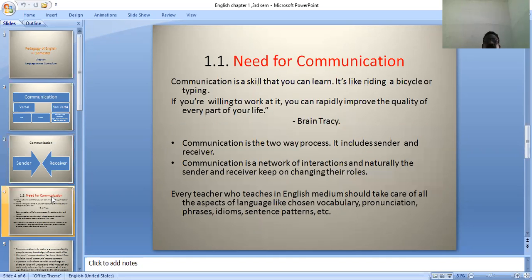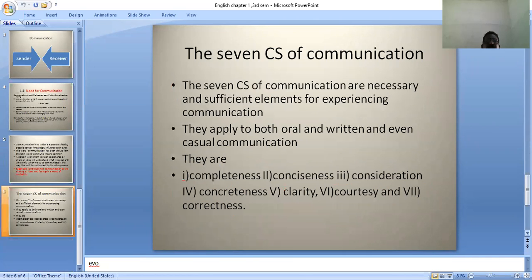So now I said need for communication. What is the need for communication? To convey our thoughts, feelings, and etc. See, seven C's are there. The seven C's of communication are necessary and sufficient elements for experiencing communication. They apply to both oral and written and even casual communication.